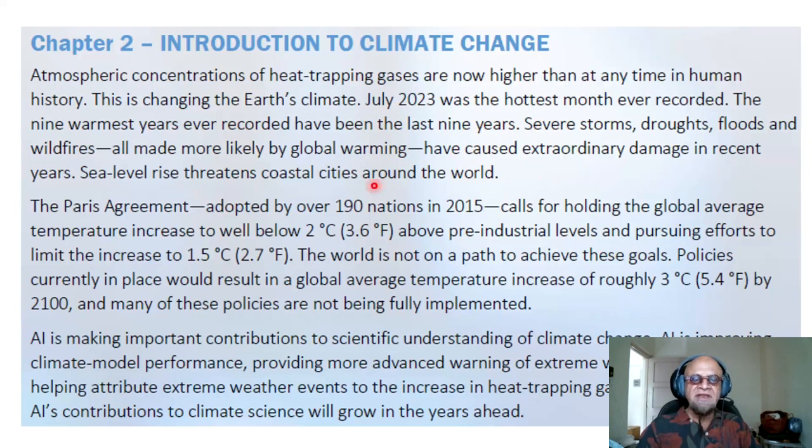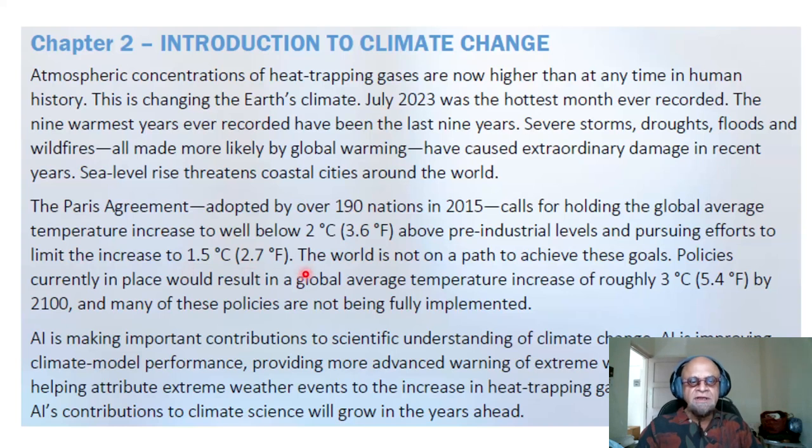Sea level rise threatens coastal cities around the world. The Paris Agreement, adopted by over 190 nations in 2015, calls for holding the global average temperature increase to well below 2 degrees C above the pre-industrial levels, and pursuing efforts to limit the increase to 1.5 degrees C.